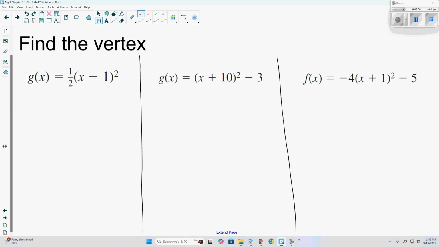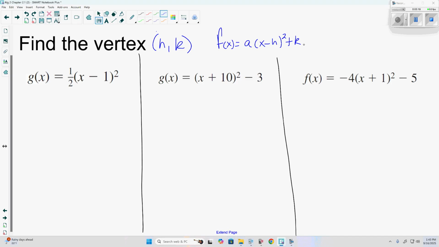All right, guys. So vertex is the point h comma k. Let's focus in.